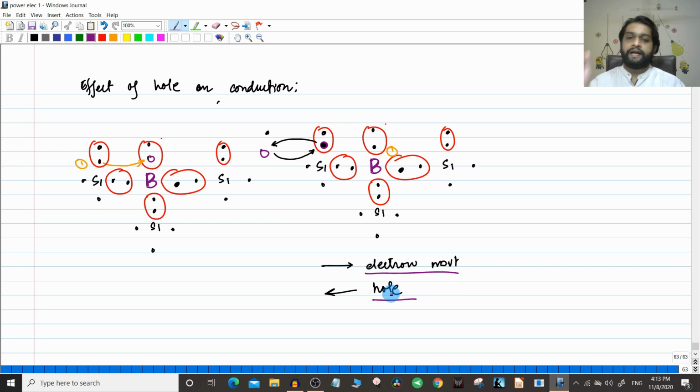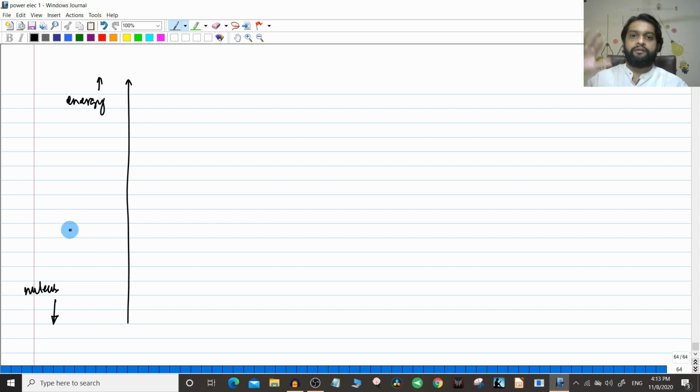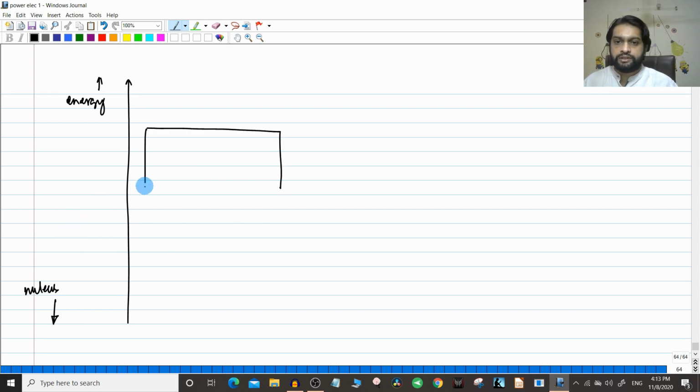Now there is an important concept that you have to see with respect to the energy band diagram. So this is the energy, and you know that the nucleus position will be somewhere down here. As you move away from the nucleus, more energy is associated with the electron. So this is your conduction band and this is your valence band.